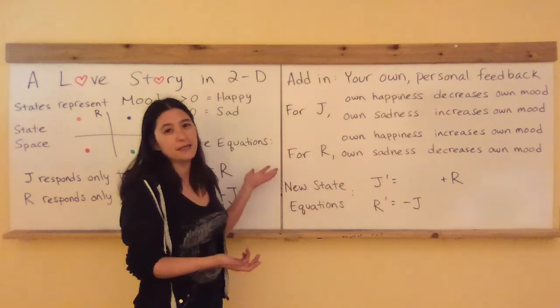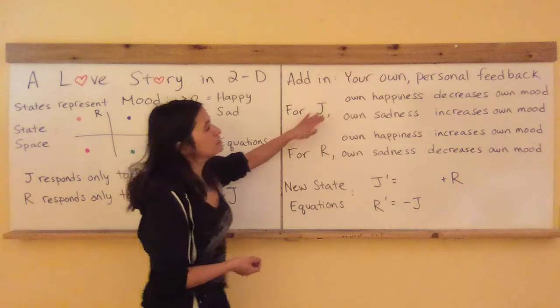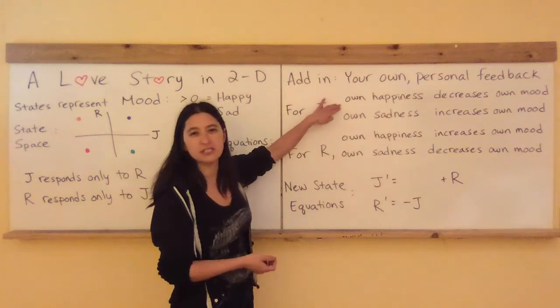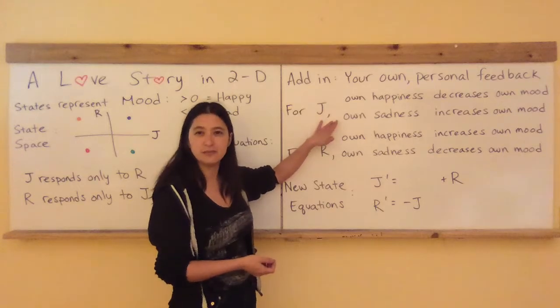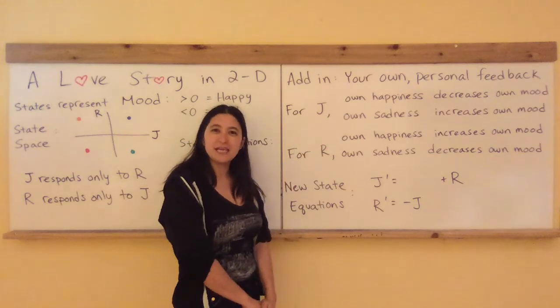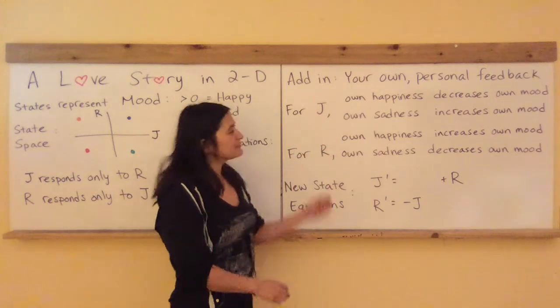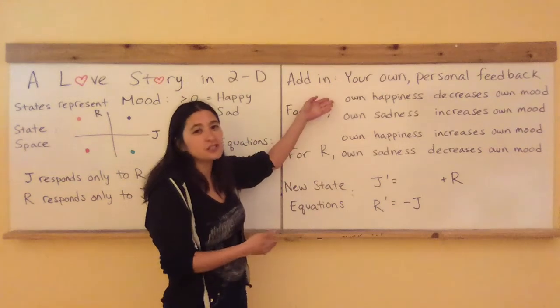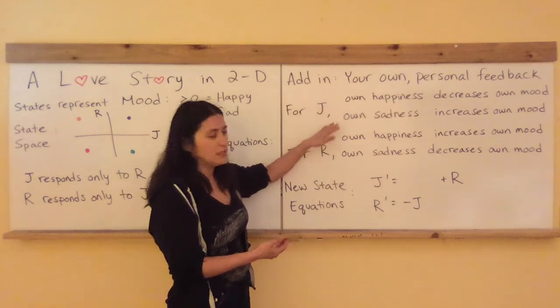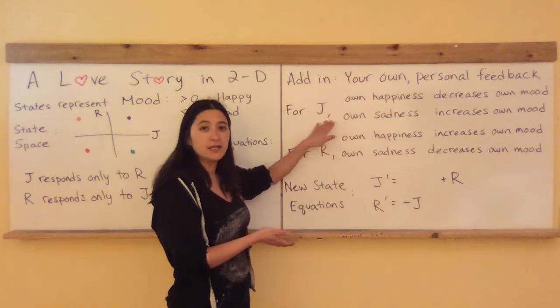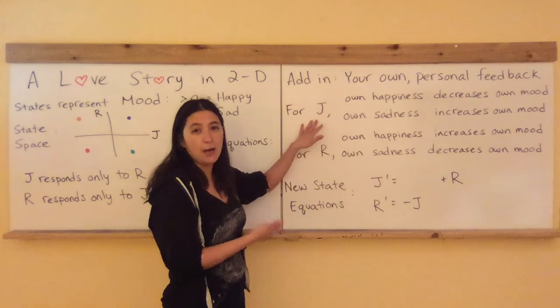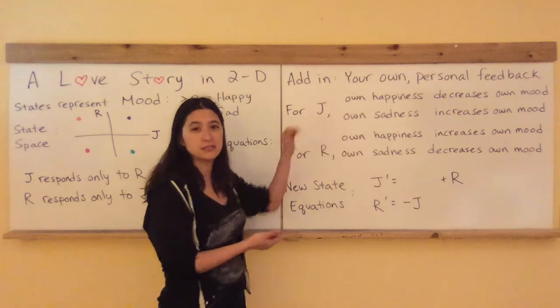Let's say, for example, that for Jabba, Jabba's own happiness decreases his mood, and Jabba's sadness increases his mood. Well, that sounds very stable and regulating, doesn't it? If Jabba's in a good mood, he starts to calm down a little bit. And if Jabba's in a sad mood, he tries to cheer himself up a little bit. Jabba always reacts in the opposite of what his mood is.